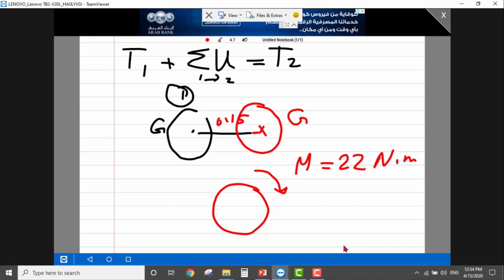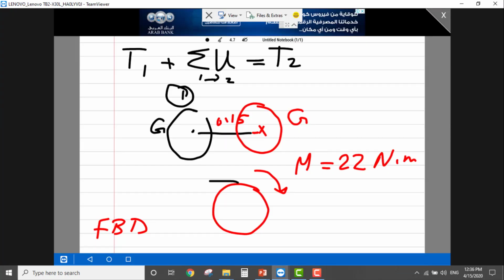What else? What do we have? I need to draw the free body diagram, okay, in order to decide which of the forces and moments do work.